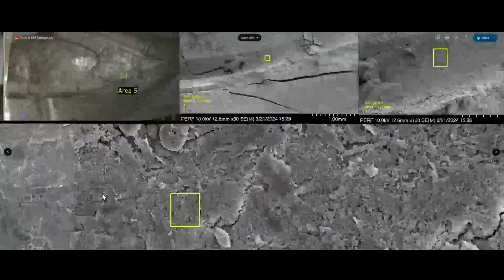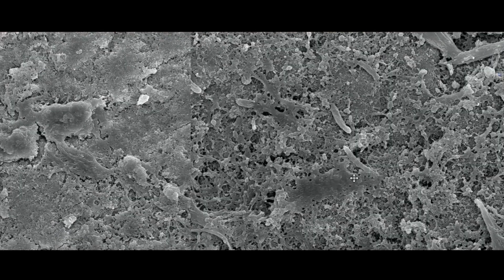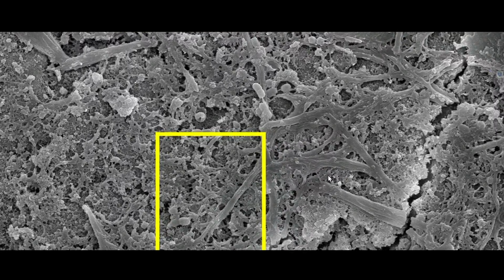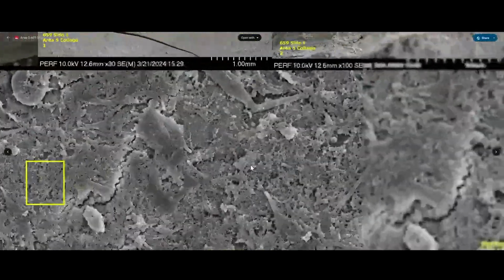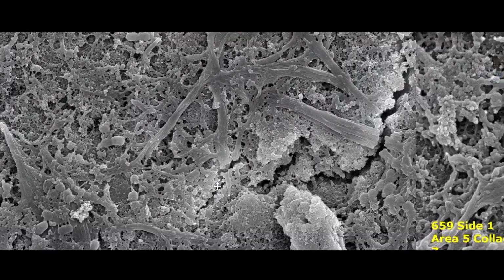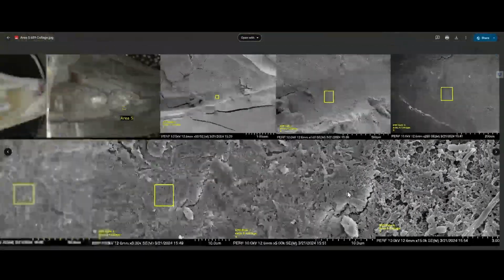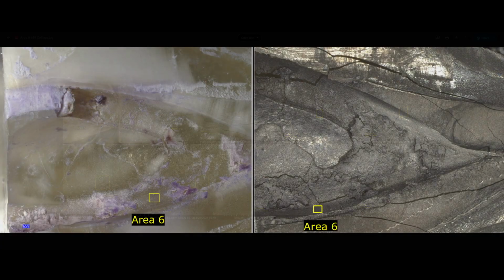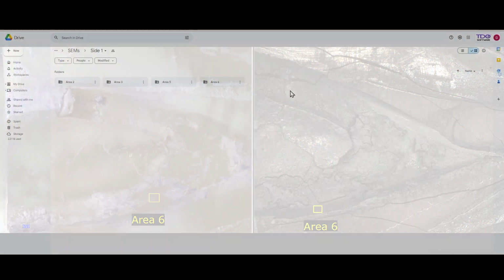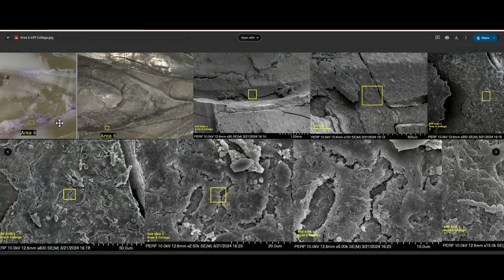And again, when you go into this at high mag, you see kind of demineralized predentin, but impregnated into that predentin is a pretty extensive biofilm with many bacterial morphotypes. And when you go into area 6, I'll only show these because it was pretty much the same everywhere you looked.